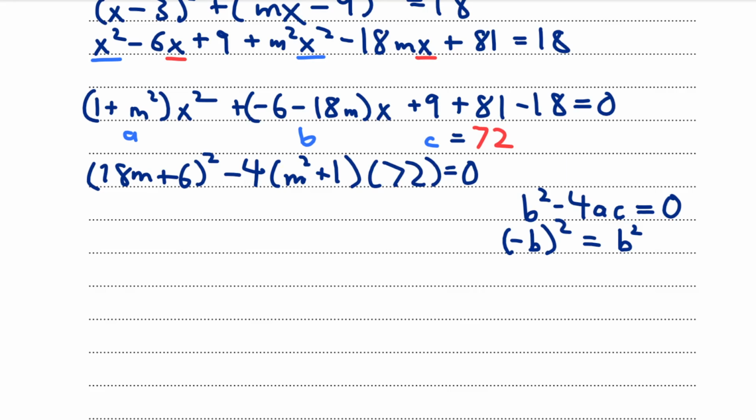Now a neat trick here is we can see that 6 is a common factor from both of these, so we can do 6 times (3m plus 1), and then we can square this.